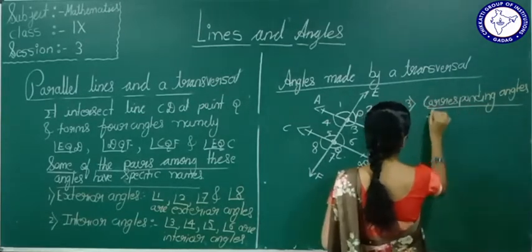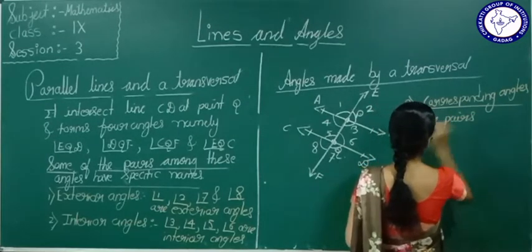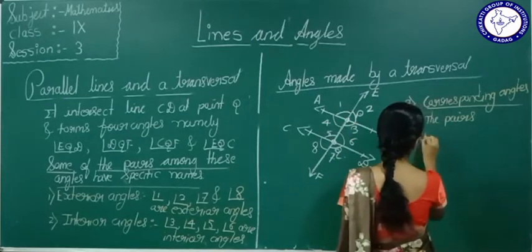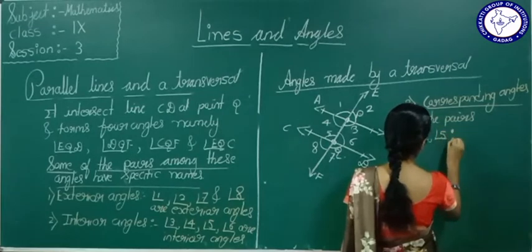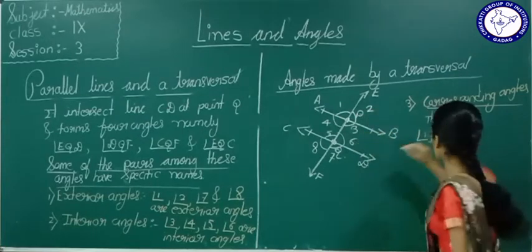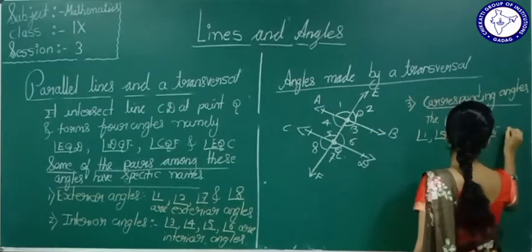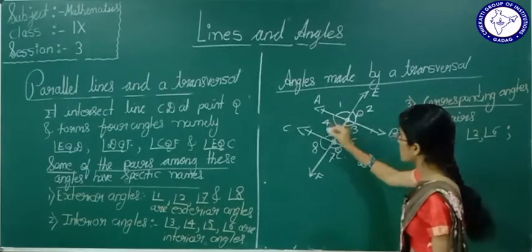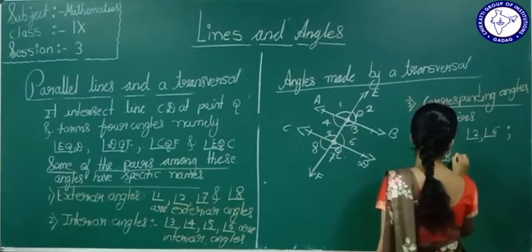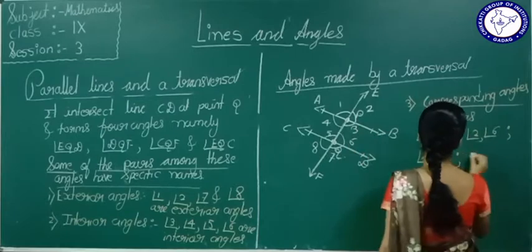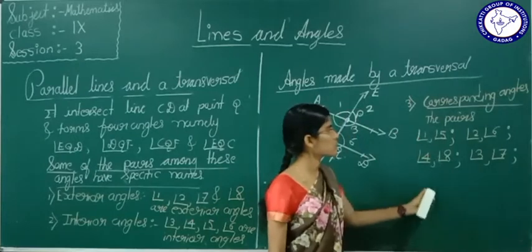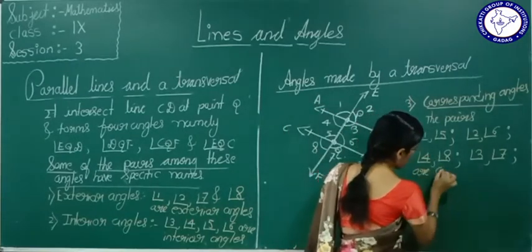Now see here, the pairs angle 1, angle 5, angle 2, angle 6, angle 4, angle 8, angle 3, angle 7 are corresponding angles.